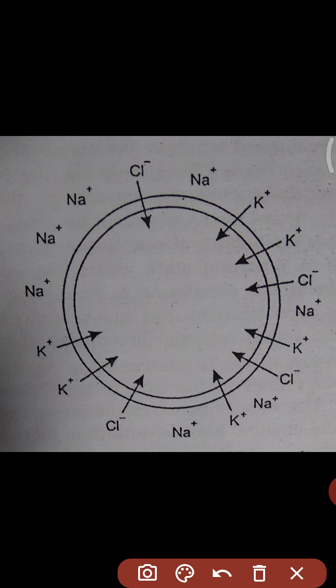The prominent ions are sodium Na plus ions, potassium K plus ions, and chloride Cl minus ions. The membrane of the cell allows entry of the potassium and chloride ions, whereas it blocks the entry of the sodium ions. Various ions seek a balance between the inside and outside of the cell membrane.